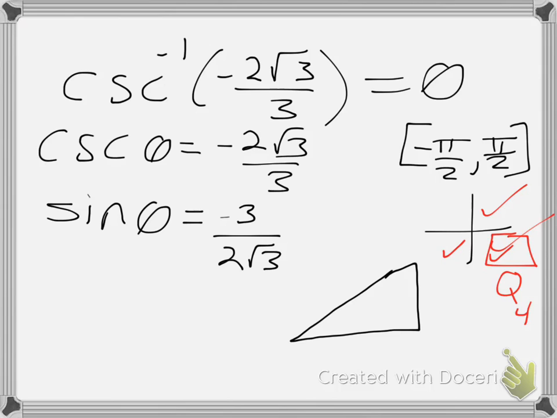Now I need to think, what triangle does this make? This is my theta. Then I have opposite over hypotenuse, so this is 2 root 3, and this is 3. What triangle does this match? What triangle does this correspond to?